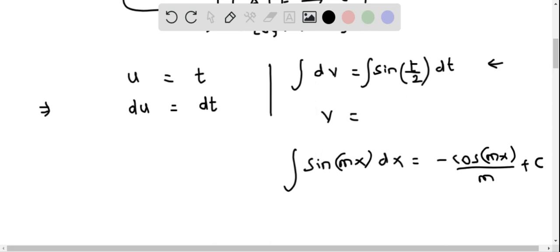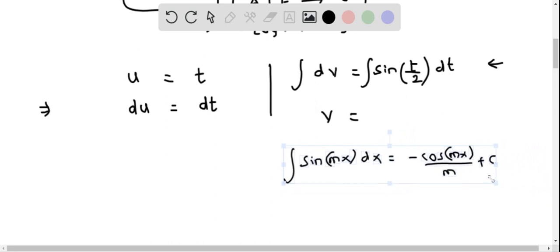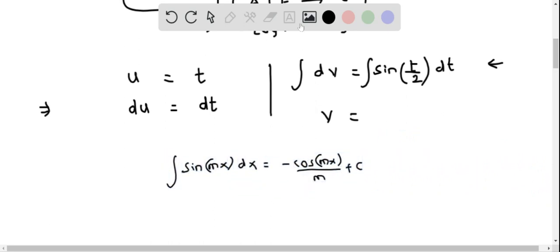So this is the formula, and we can apply it here. We have t in place of x, and we can choose m as the coefficient of the variable, and this t by 2 can be written as 1 by 2 times t. So the coefficient of t here is 1 by 2.